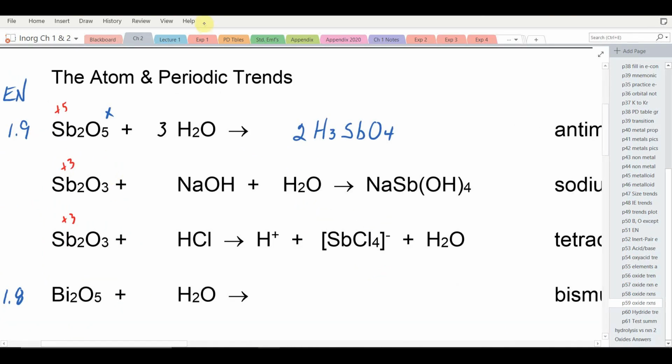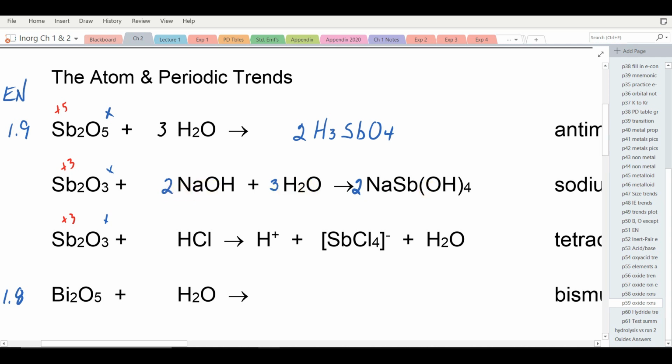You are not responsible for these 2, but we can balance them. 2 antimonies on both sides, 2 sodiums on both sides. 2 times 4 is 8 hydrogens. We have 2 here. We'll need 6 more. That puts 3 here. Let's check the oxygens. We have 2 times 4 is 8. There's 3, and 2 is 5, and 3 is 8.